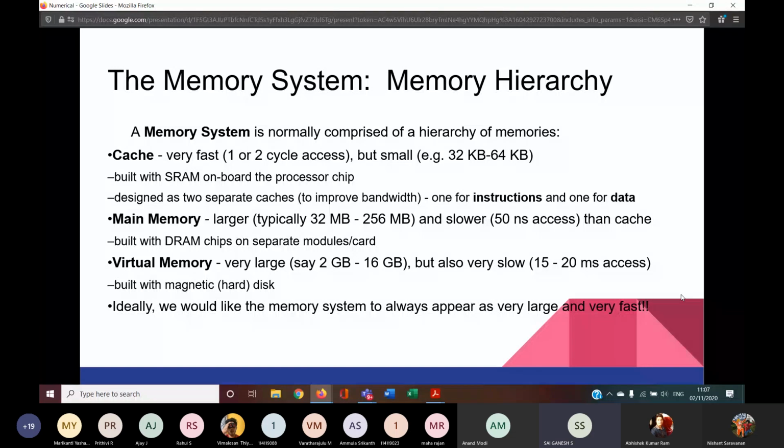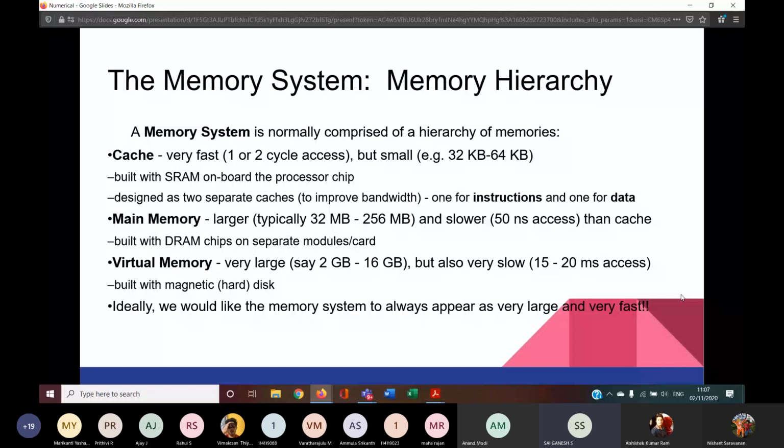First thing we'll be seeing is the types of memory. First is cache memory, which is the fastest memory as of now. Though the memory system is continuously developing, as of now the fastest memory that we have is cache. The second fastest memory is main memory, which is DRAM.